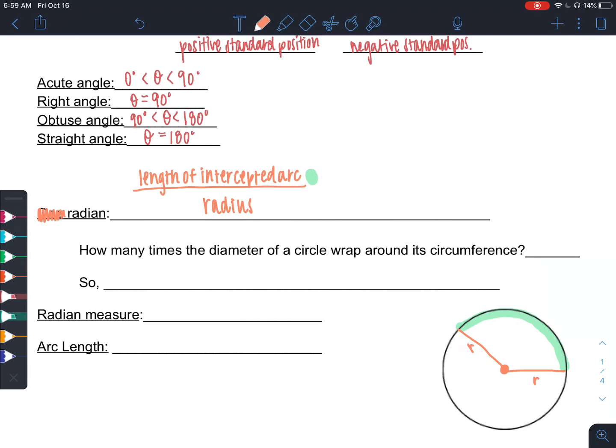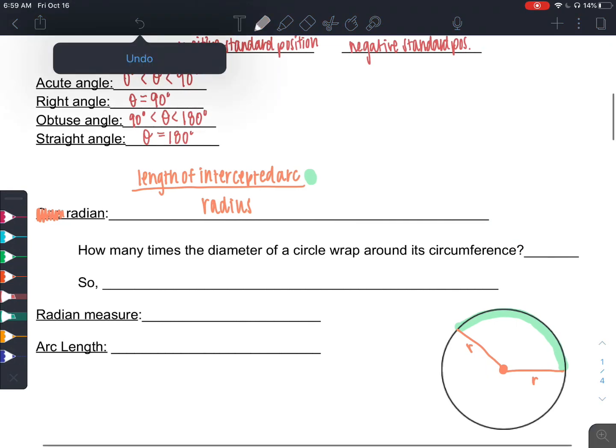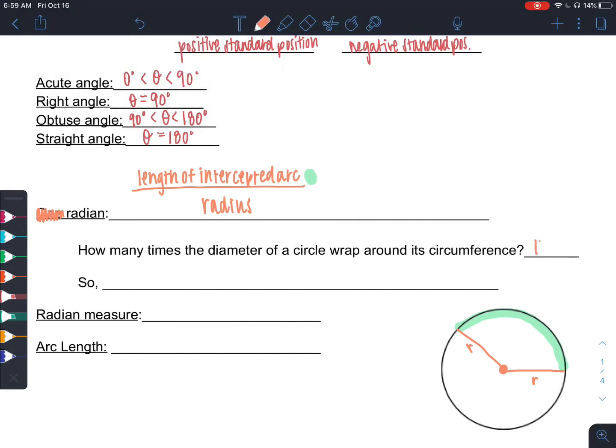Okay, so then the number of times the diameter of a circle wraps around the circumference is pi, which is, well, I shouldn't say equals, I should say about 3.1415... because it goes on forever.